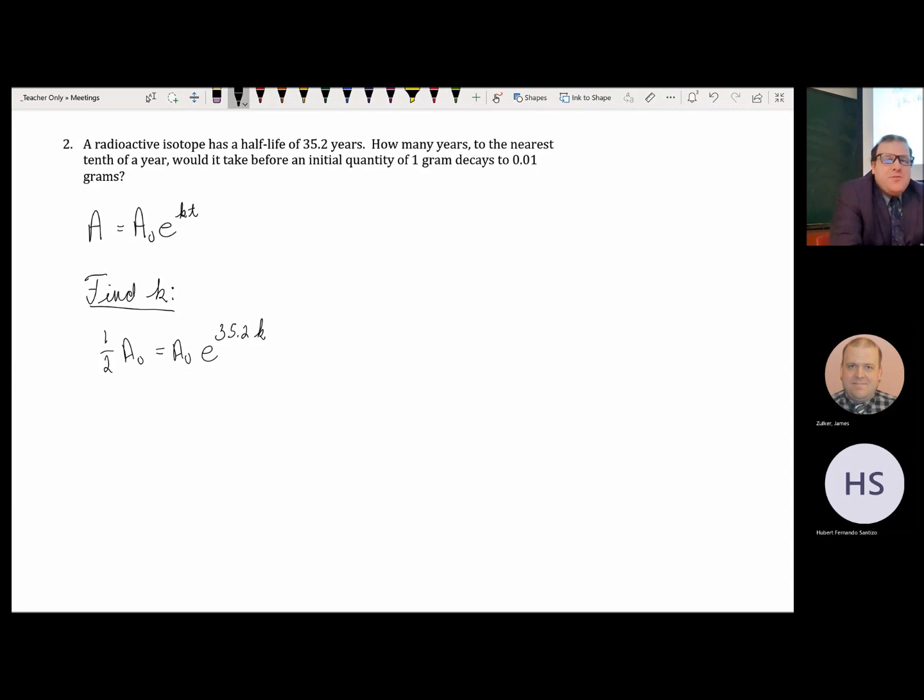Half of the remaining amount after 35.2 years, so half the original amount, is e to the 35.2 times k. Which of course means that a half has to be e to the 35.2k. I don't know why I wrote 3.52.